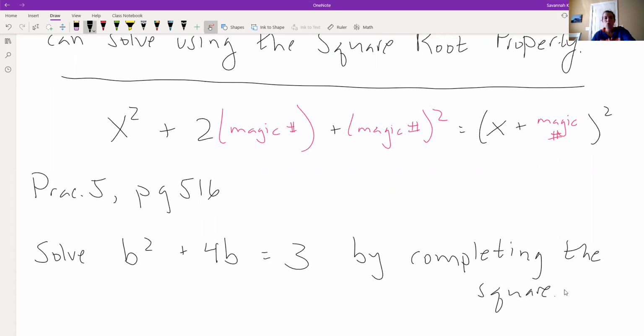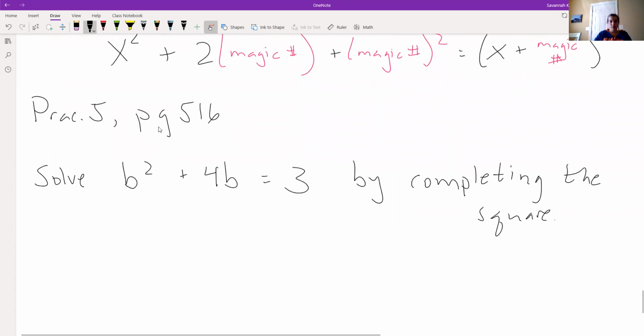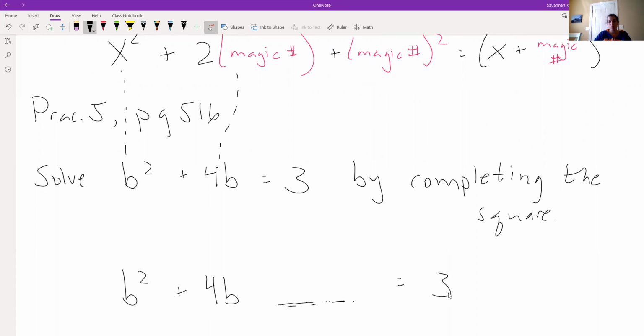Okay, so what I do is kind of lining this up a little bit. I'm going to have my variable squared plus what will soon become my middle term. This is the part I'm missing. So I'm going to leave myself a space here, equals 3. The 3 is already there. It's not really part of this at all.